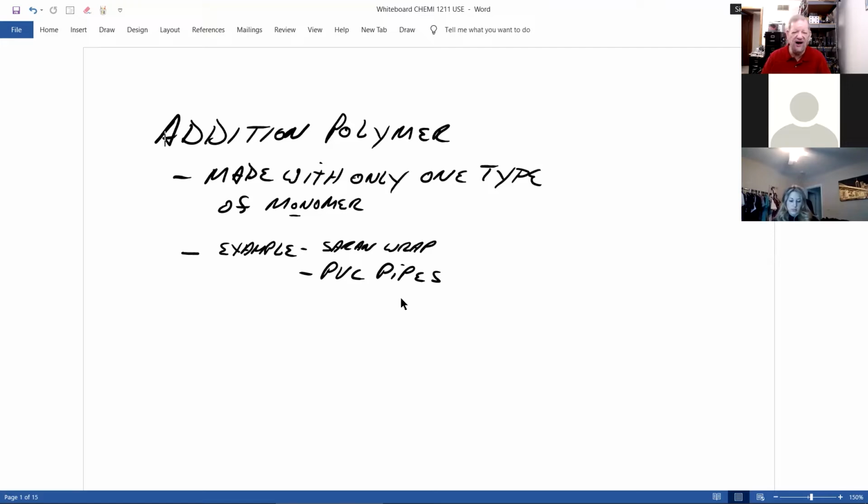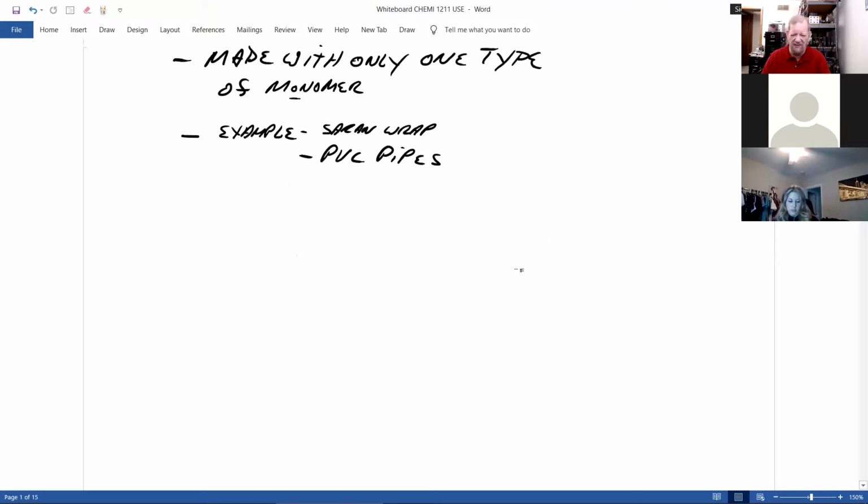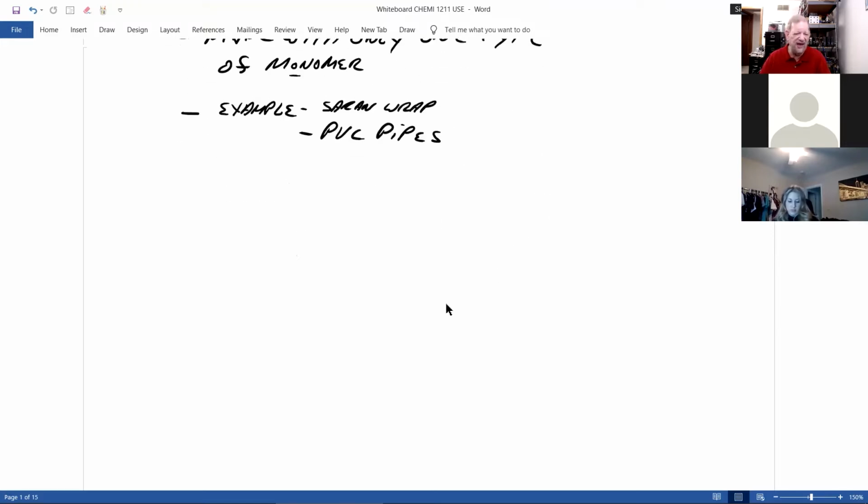Now, let's look at the other type of polymer, and that is a condensation polymer. Again, this is classification by the chemistry used to make these polymers.